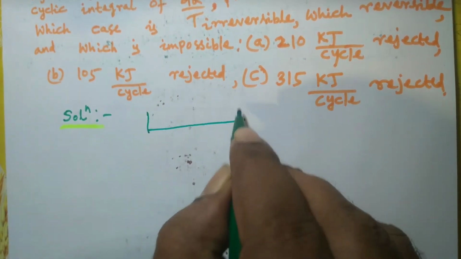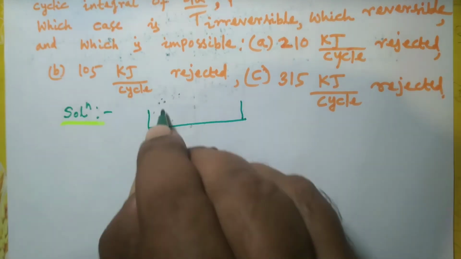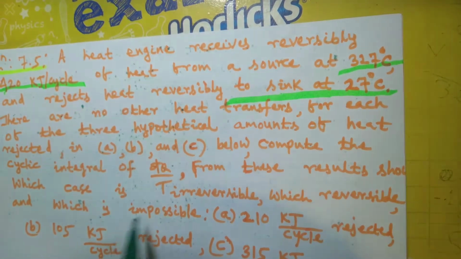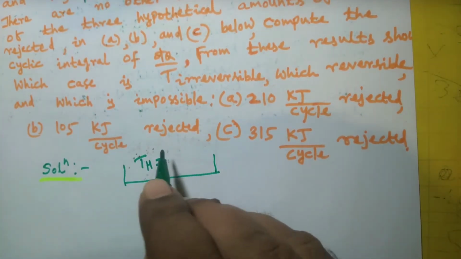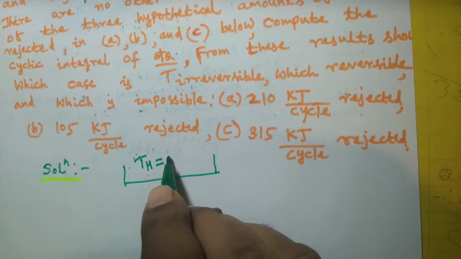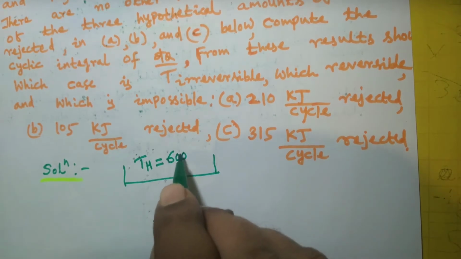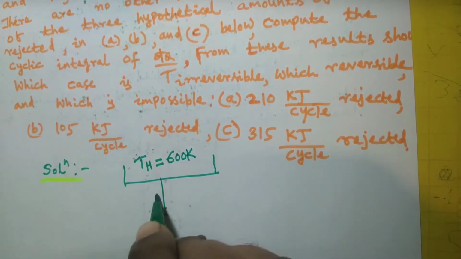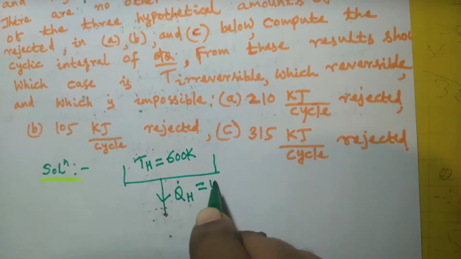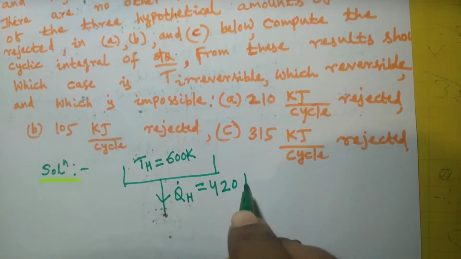Here the source temperature is given to be 327 degrees Celsius. If we want to convert that into Kelvin, that will be 327 plus 273, 600 Kelvin. And this amount of heat Q_H is 420 kilojoule.